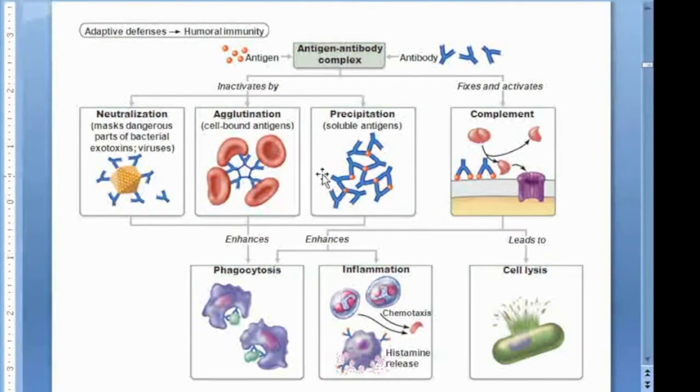Well, if something settles out in a solution, that makes it a lot easier for phagocytosis to occur. That's pretty cool. Now, we said inflammation. We said antigen-antibody complexes, or antibodies, work by having a plan. There's the P in plan, precipitation.